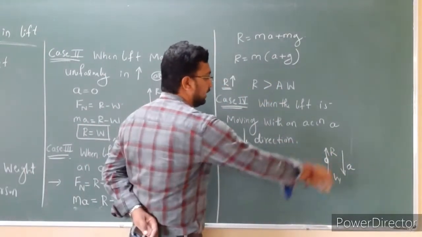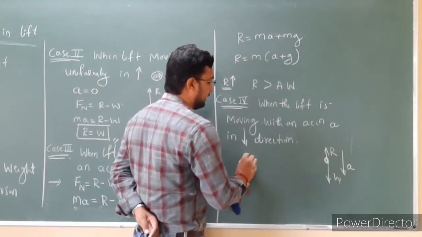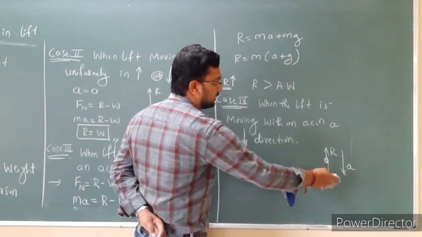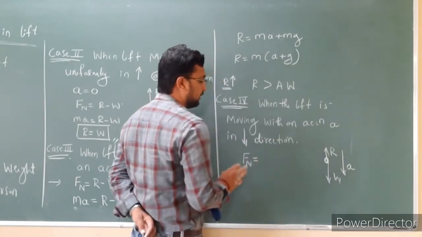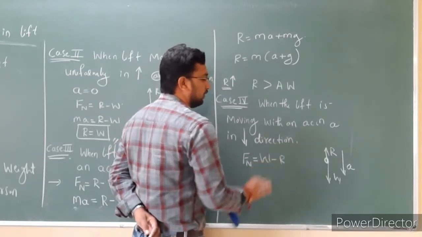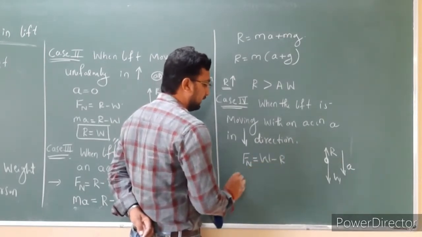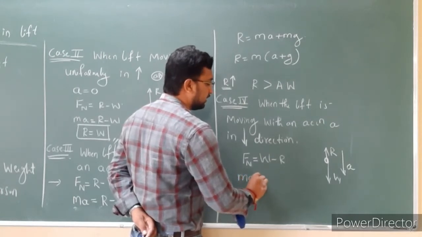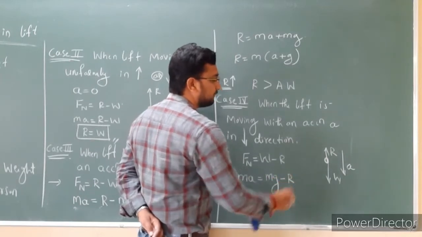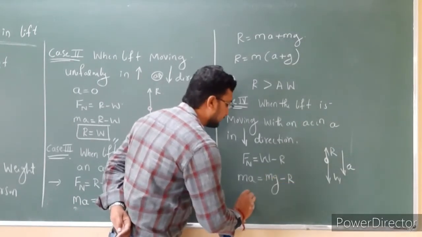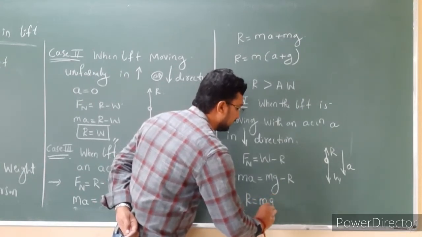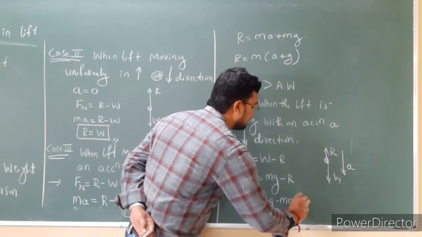Okay, see it. So the net force acting on this system, in this case the weight of the system is more compared to the normal reaction. So the net force is equal to weight minus normal reaction. Net force is mass into acceleration, and weight is mg, minus R. Take this to the other side, so that R is equal to mg minus ma.